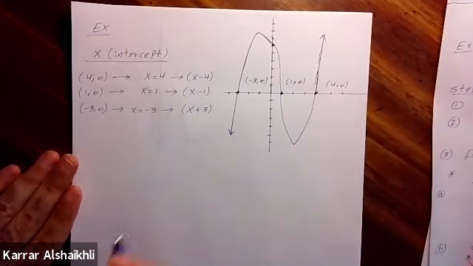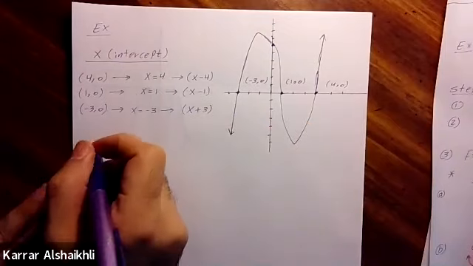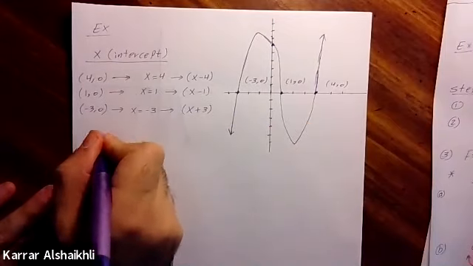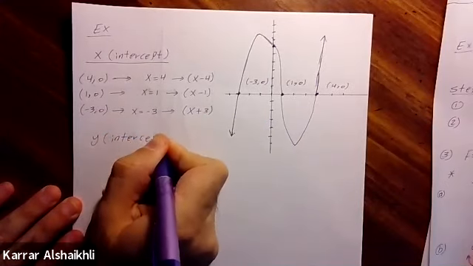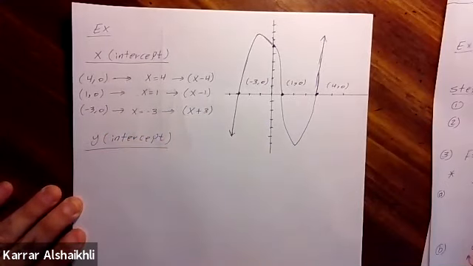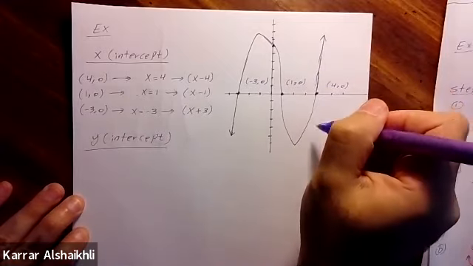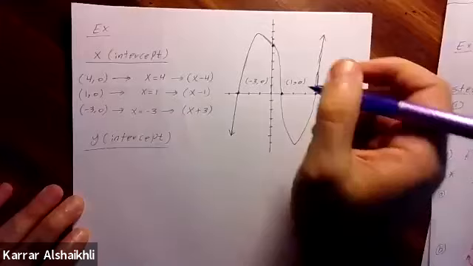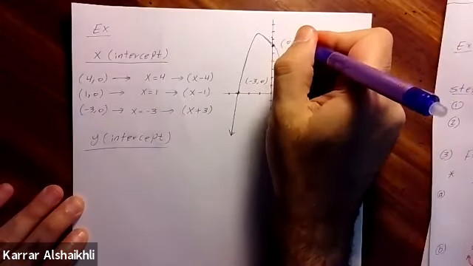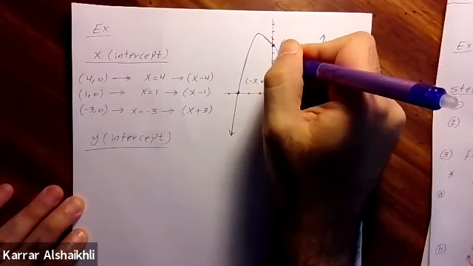The second part, I'm going to find the y-intercept. The y-intercept is where the graph intersects the y-axis, only on this point, which is 0 and 1, 2, 3, 4, 5, 6.